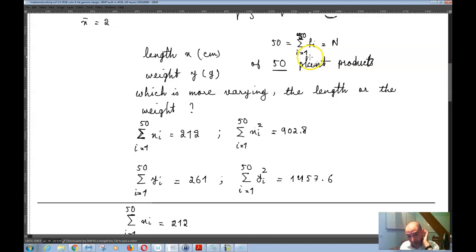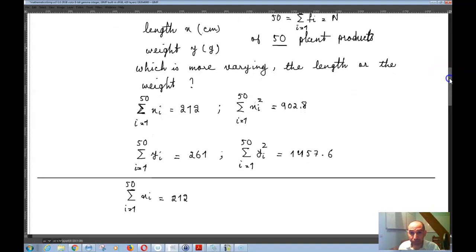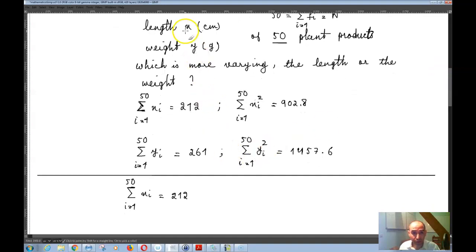Now, in order to calculate, for example, x bar over here related to the lengths, coming back to the assumption that we made, we said that sigma f of i is equal to 50 as i goes from 1 to 50.